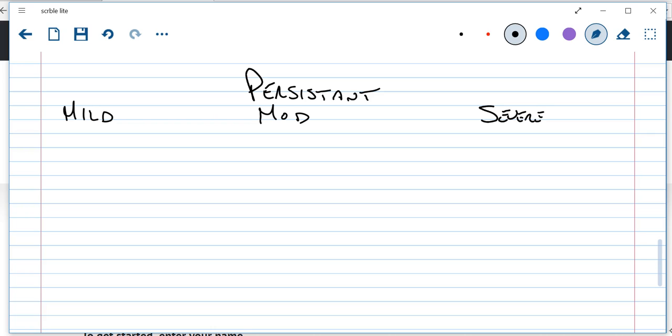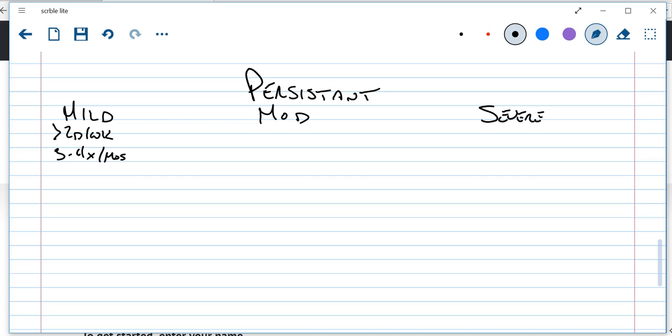So using the same criteria that we did for intermittent, symptoms for mild persistent asthma is going to be over 2 days within a week, but not daily. Nighttime awakenings, 3 to 4 times a month.